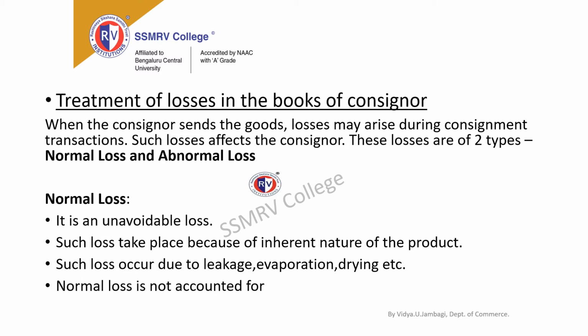For example, petrol. The moment you open the lid, it gets evaporated. So this is something unavoidable. Such loss occurs due to leakage, evaporation, drying or any chemical reaction which is unavoidable while processing or while transporting the goods. Normal loss again is not separately accounted for.